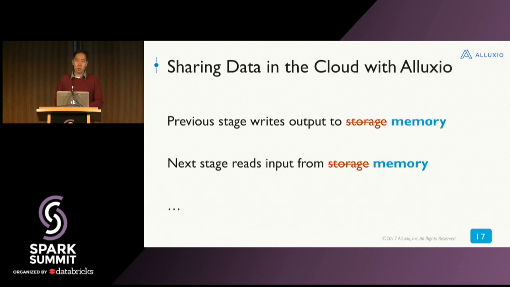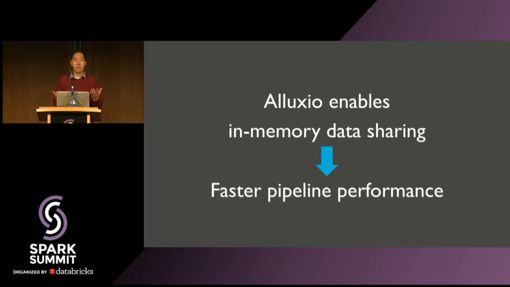But with Alluxio in the picture, it looks more like this. Each stage will write to memory, and the next stage will read from memory. Alluxio will enable the in-memory sharing of data, and this can lead to faster pipeline performance because of the faster reads and writes that the jobs have to do.